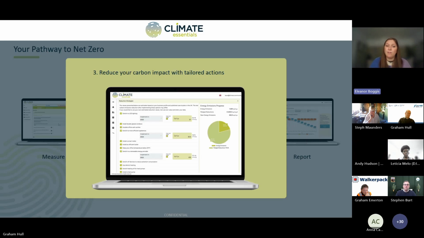So, for example, if you have a net zero target for 2050, you can map those reductions to see how you're going to get to net zero as a business over time. Some of these you might want to implement today. Smart meter, for example, very easy to implement. However, changing all your windows to be more efficient, or electrifying your fleet may not happen tomorrow, but you can plan for those things to happen in years to come, and that will help you really map out that net zero journey in the platform as well.